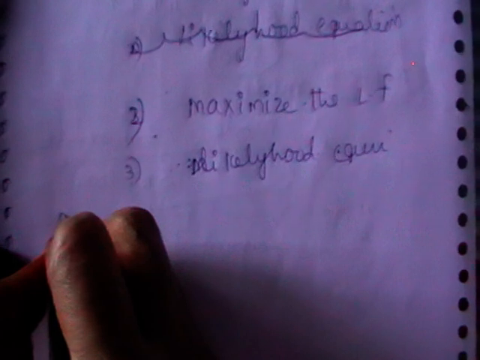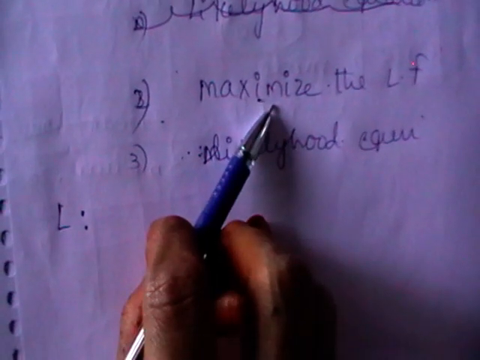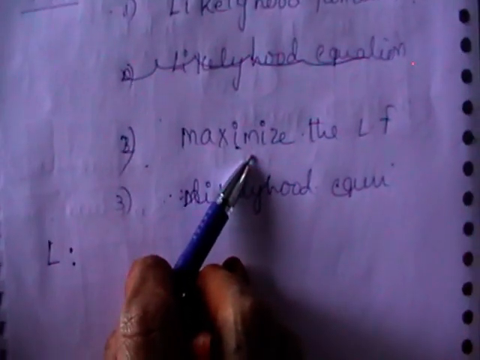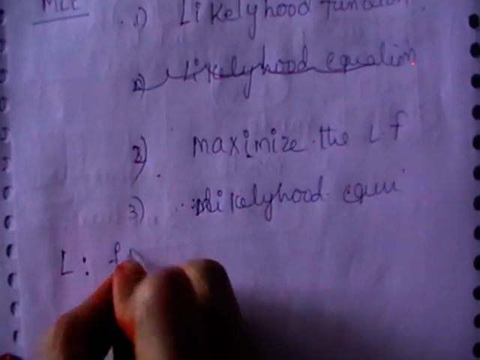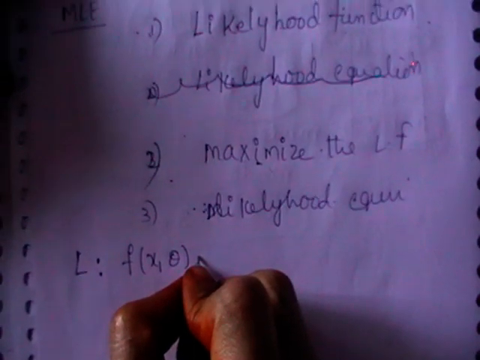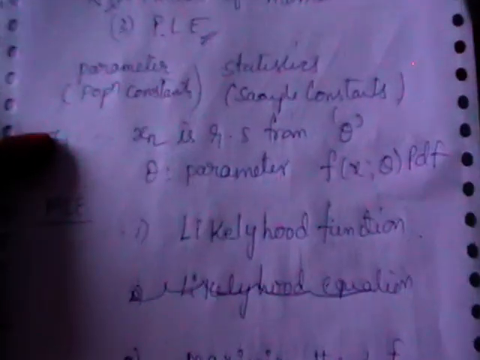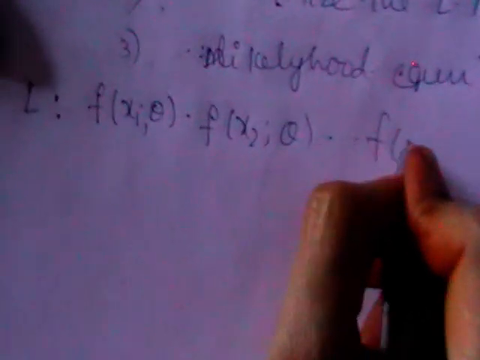Let us discuss the likelihood function. I said that x1, x2, ..., xn is a random sample from a population with parameter theta and PDF f(x, theta). The likelihood function is f(x1, theta), where x1 is the first observation, then f(x2, theta) for the second observation, and so on up to f(xn, theta) for the last observation.